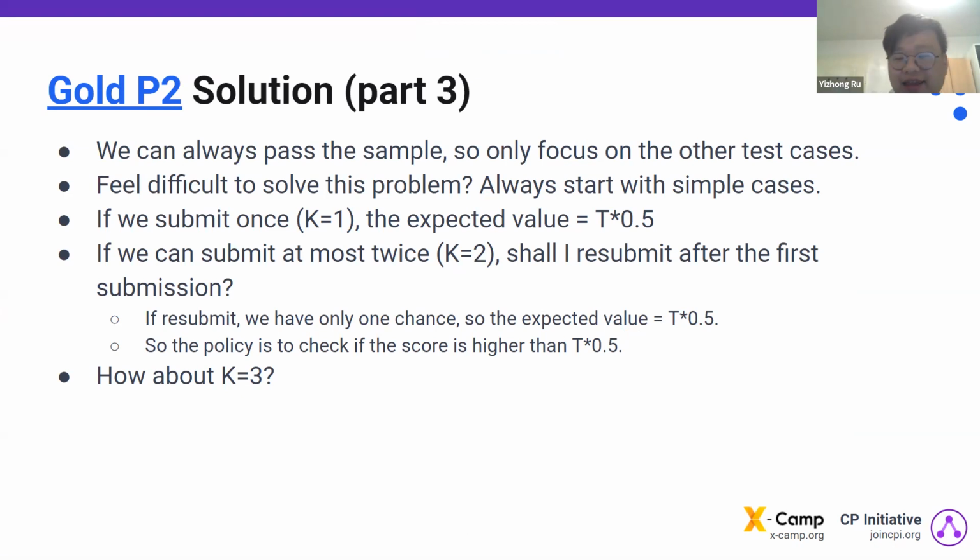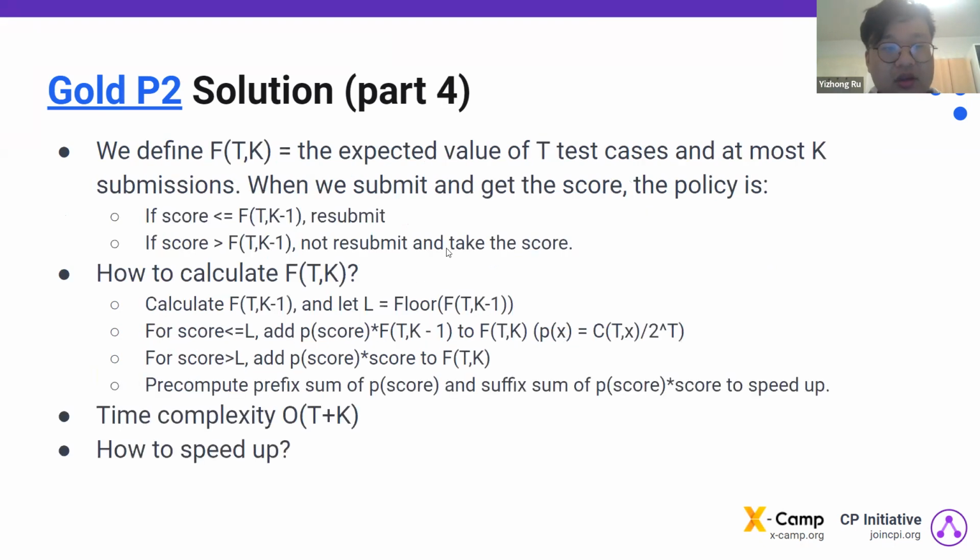So the decision line depends on the expected value of K equals 2. If we get a score higher than the line, then we quit. If we get a score below the line, then we resubmit.